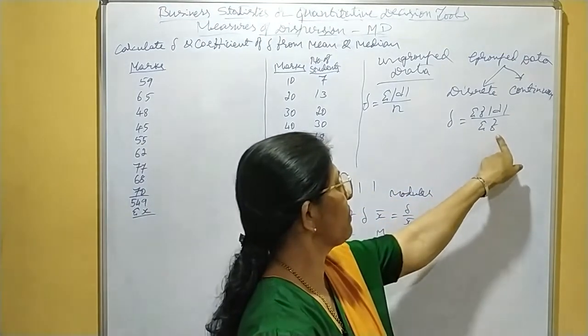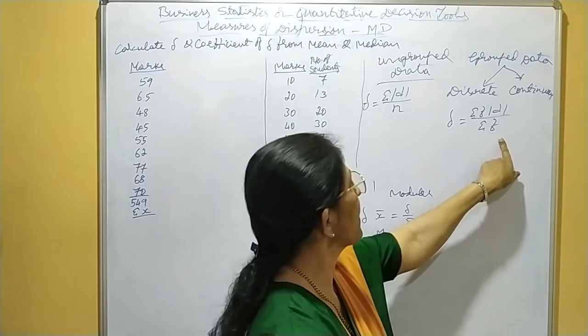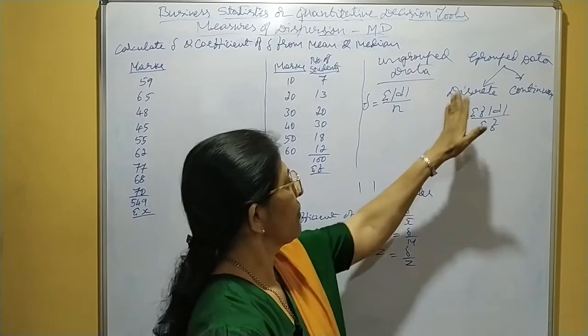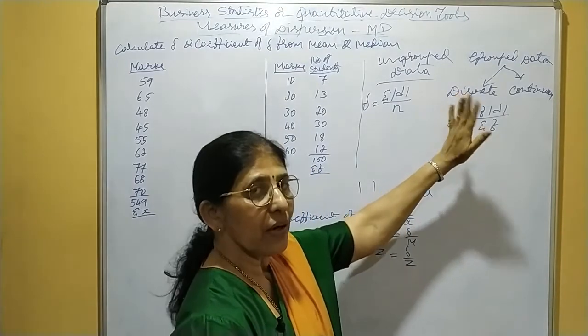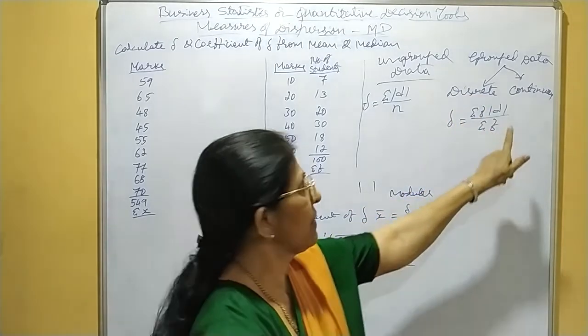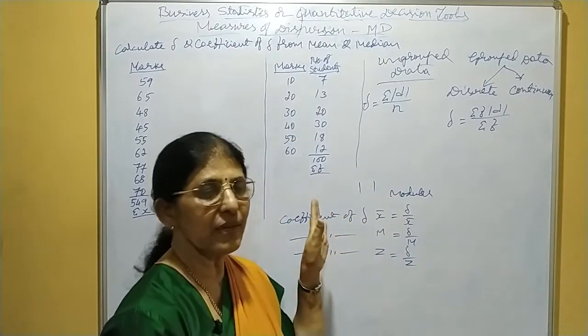Here frequencies will be given, we take sigma f, total of frequencies. Okay. Next, under discrete series, variables are not given in classes, means no class interval, frequencies are given. Under continuous series, both frequencies and class interval are given.